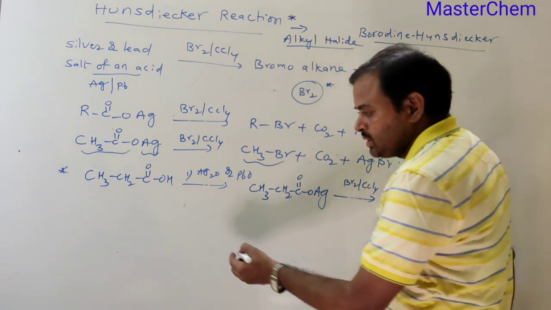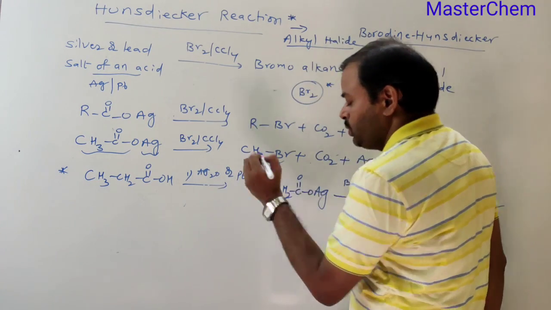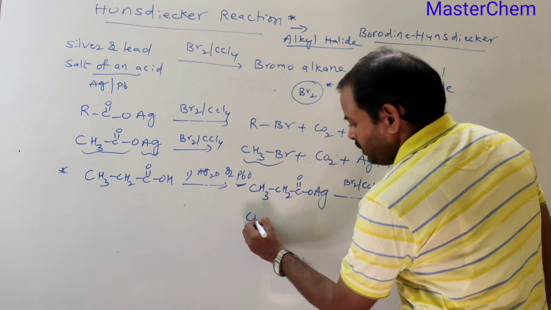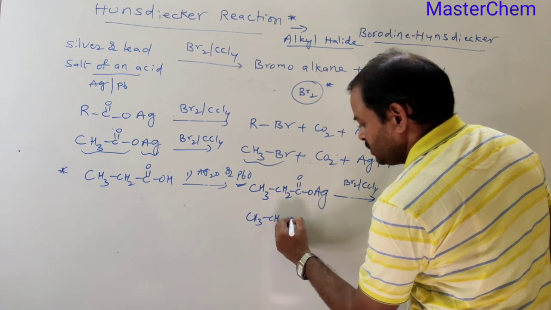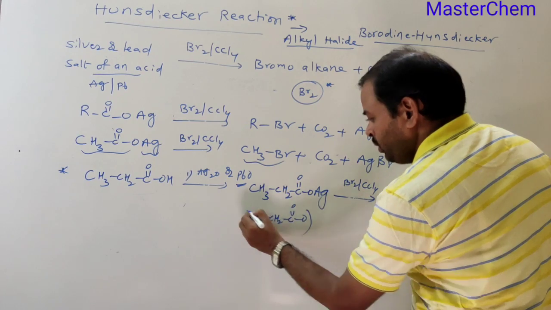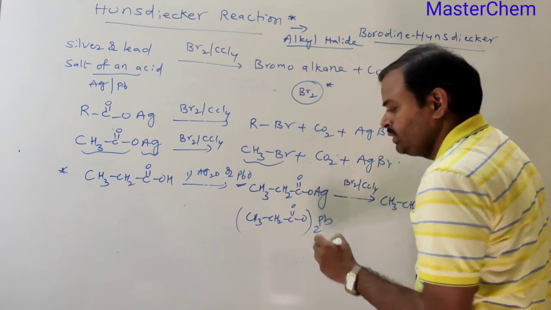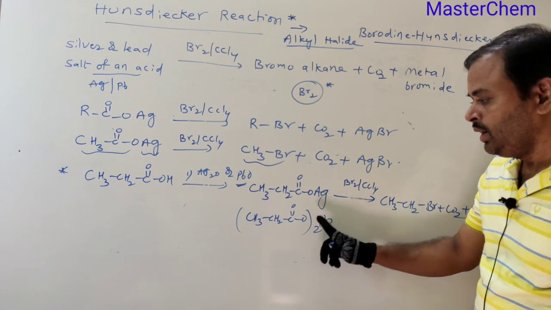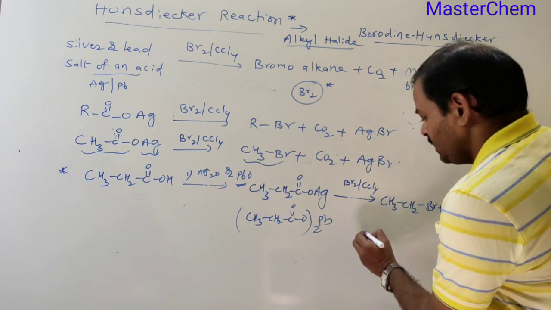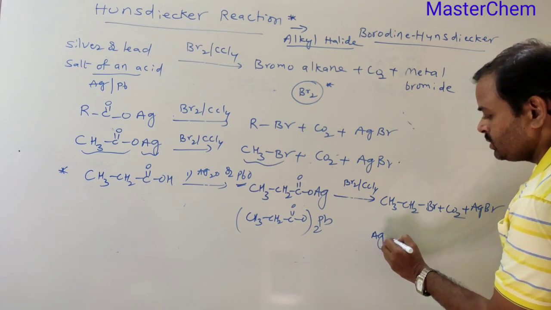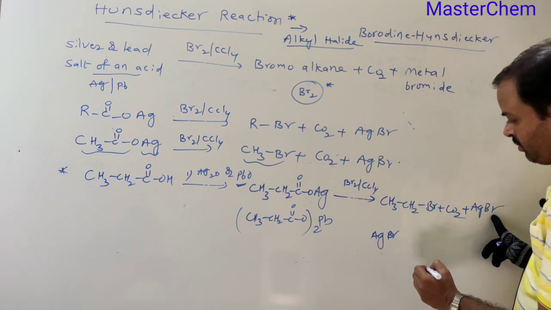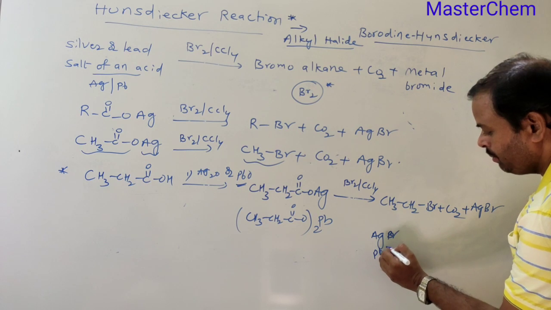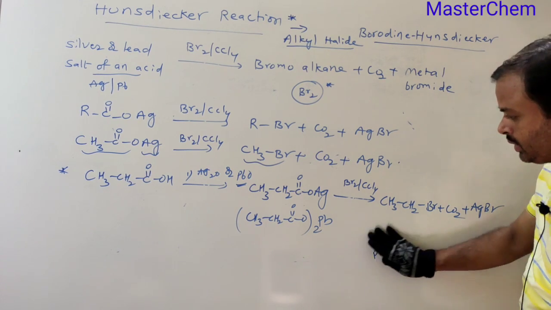Or with the lead salt, Ag2O or PbO: if you take PbO, then (CH3CH2COO)2Pb will be formed. If you take Ag2O, because Ag valency is 1, AgBr will be formed, but Pb valency is 2, so PbBr2 will be formed.